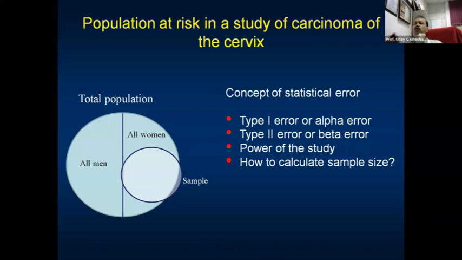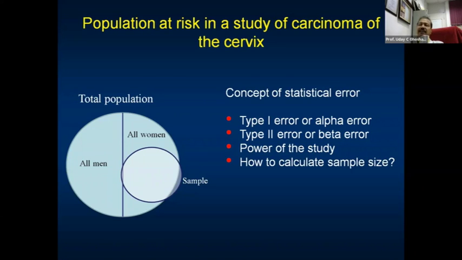Type 2 error means, though truly speaking, there is a difference. Type 2 error means though the hypothesis that healthcare workers develop more severe disease is correct, in your study, you found it to be incorrect. And this is because of a small sample size. And this is called type 2 error or beta error.